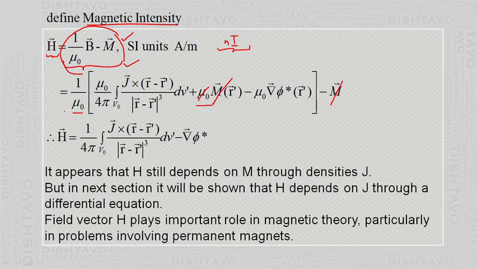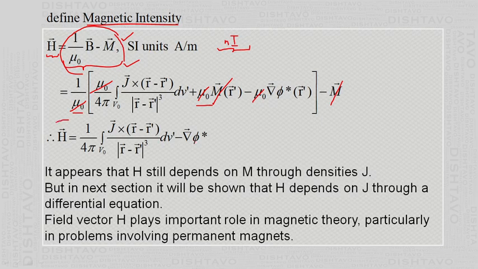So what you get here is 1 upon 4 pi integral j cross r minus r dash divided by r minus r dash cube dv dash, minus the gradient of this scalar potential, the magnetic scalar potential.